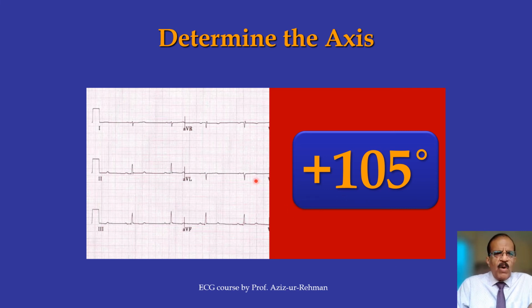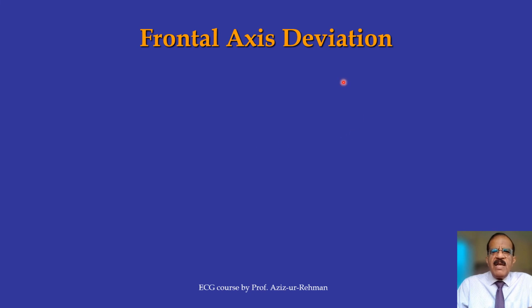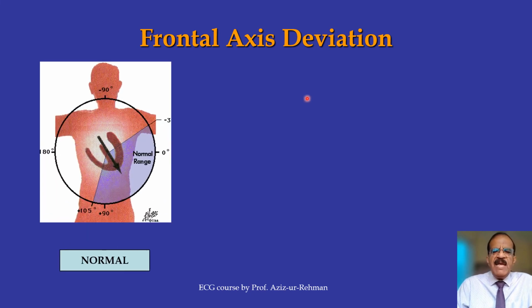Let me just go one step further, and we are going to about complete this module. Frontal axis deviation. So if the mean frontal axis falls in this range, from minus 30 to plus 105 in this case.